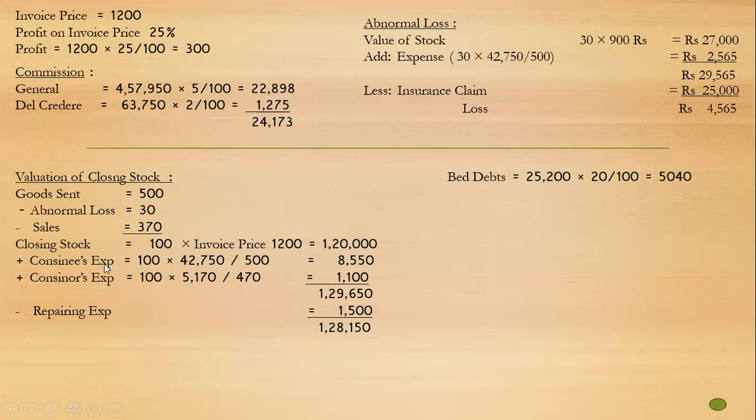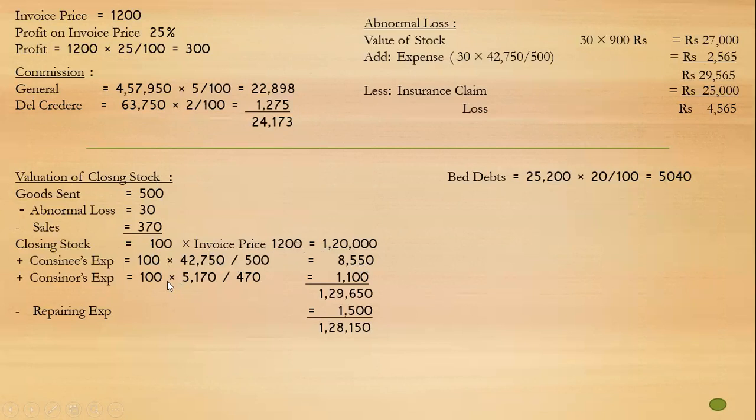But we have to add the consignee's expense as well as the consignor's non-recurring expense. We have to find this for the 100 radios only. 100 into 42,750 by 500 is equal to 8,550.